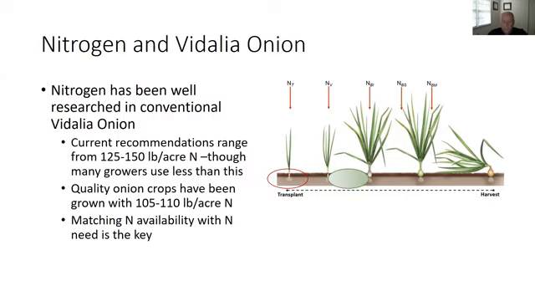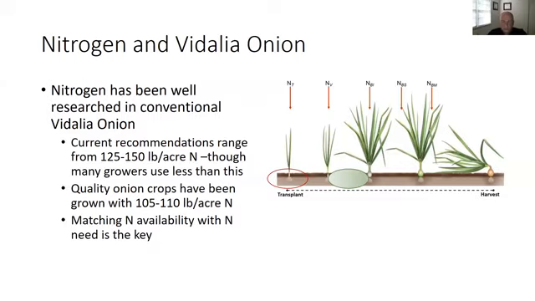The Onion Research Farm has been running the variety trial with lower nitrogen levels the past several years. And really, what it demonstrates is that obviously you will reach a point at which you do not have enough nitrogen to grow this crop, but it's really important to match nitrogen availability with the growth stage of the crop.